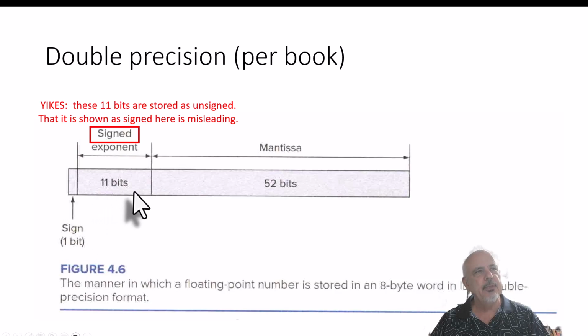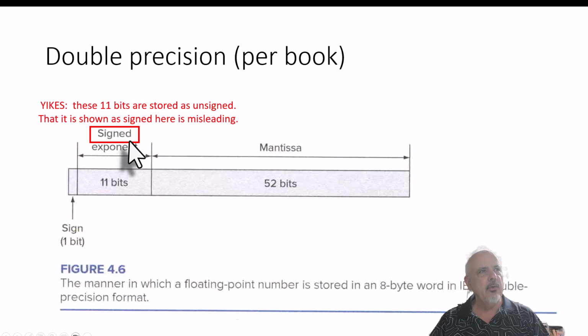There's 11 bits that represent our exponent, and then the lower 52 bits are the mantissa, which I'm using instead of significand, and there'll be a particular reason for that.